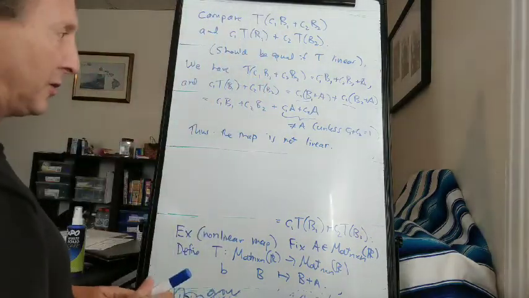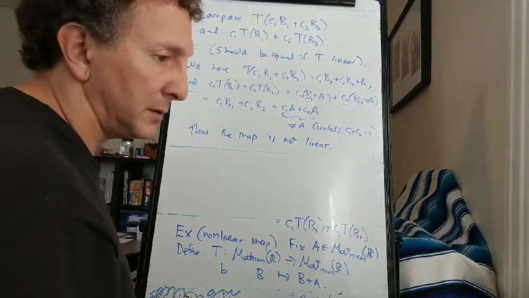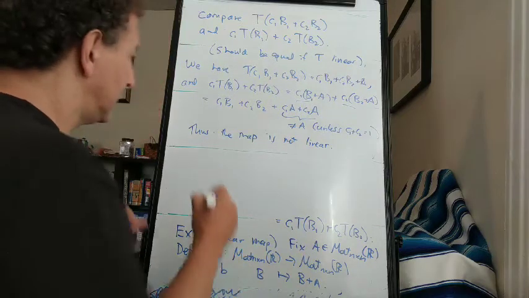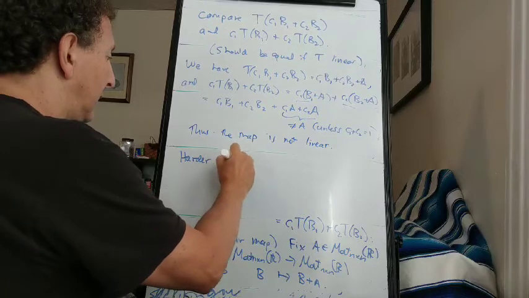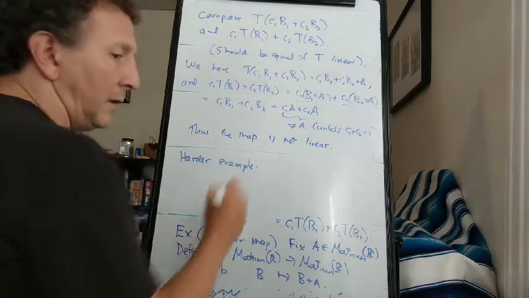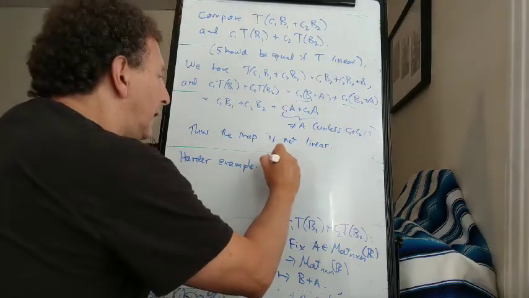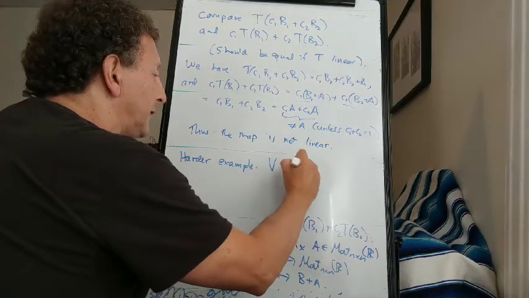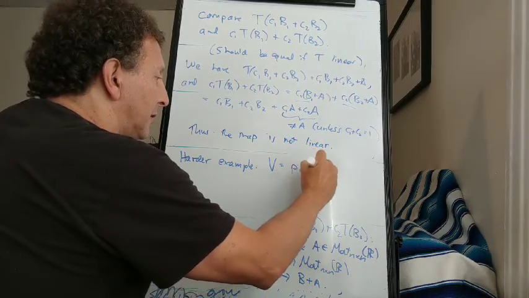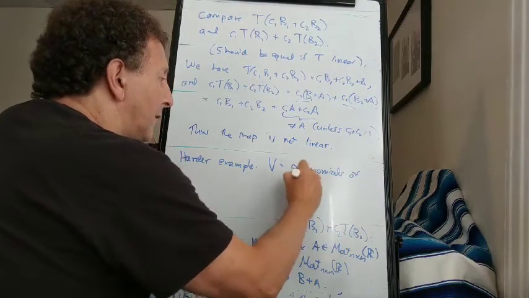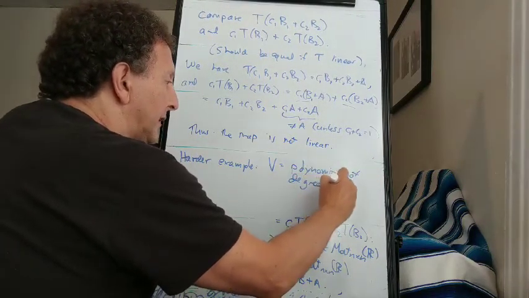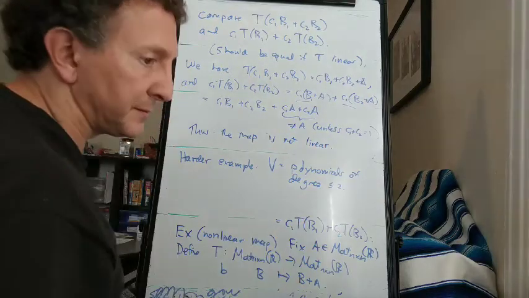All right, let me do a harder example now. Let V be polynomials of degree less than or equal to 2.